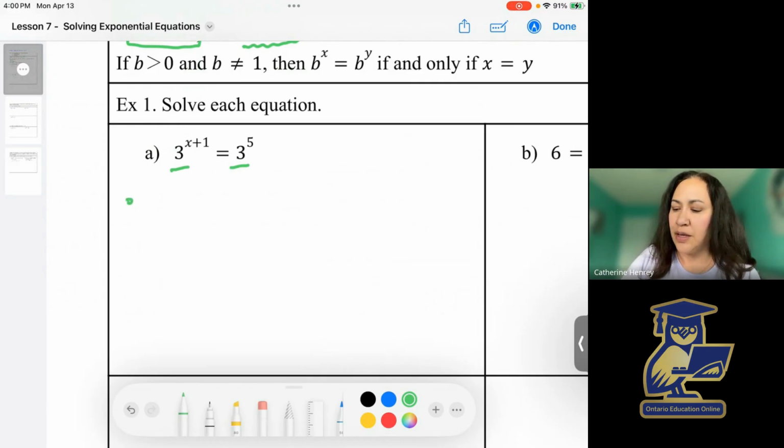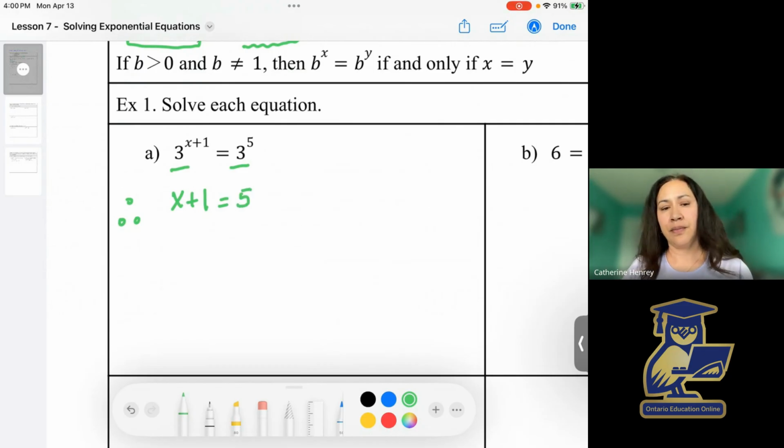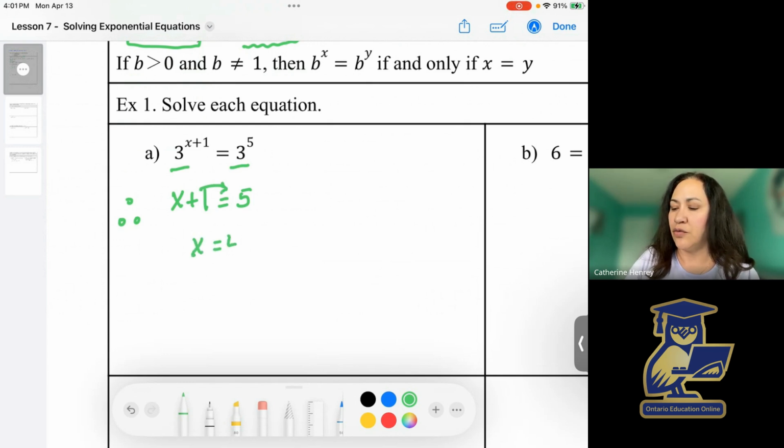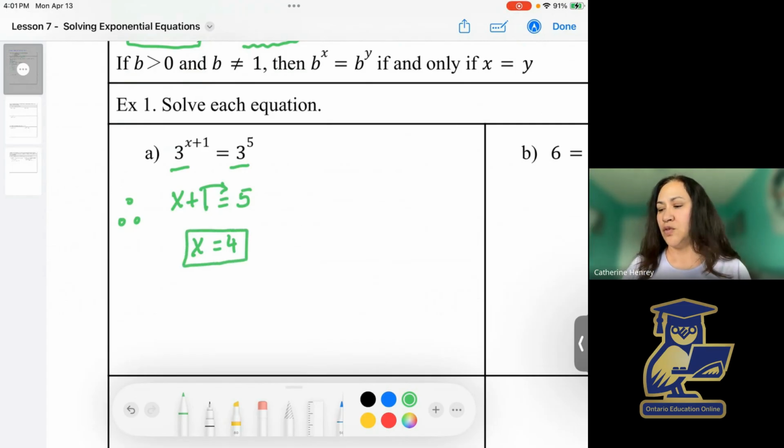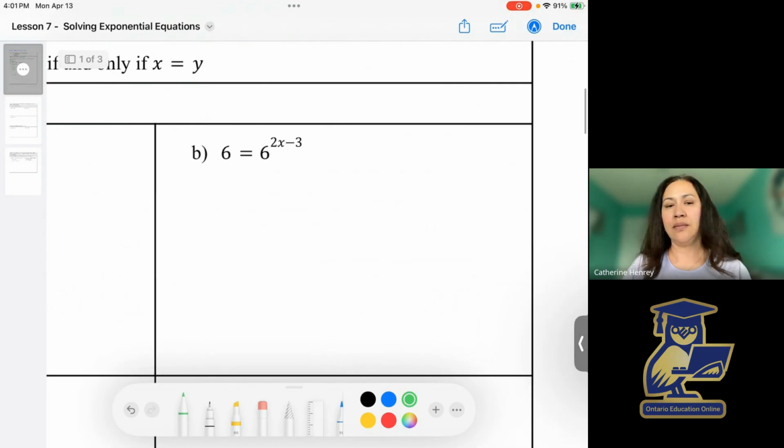So that property of equality allows us to write x plus 1 equals 5. Then we can simply solve this. We'll take that 1 over to the other side, and in this case, x will equal 4. So not too bad.